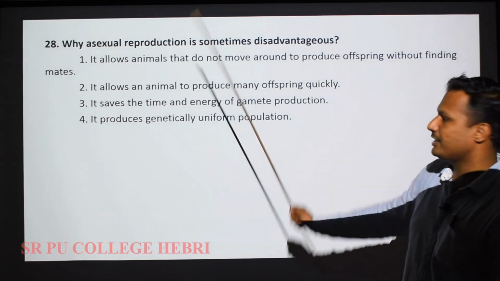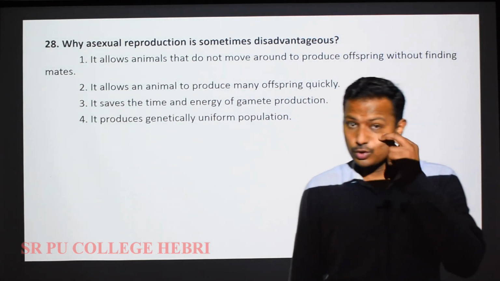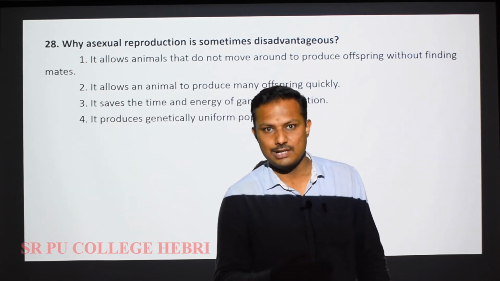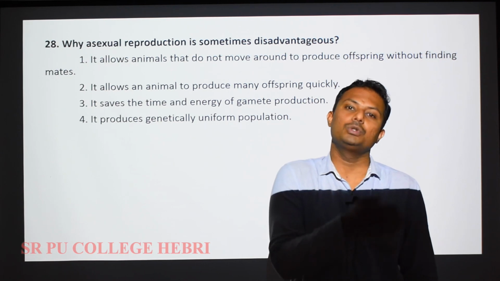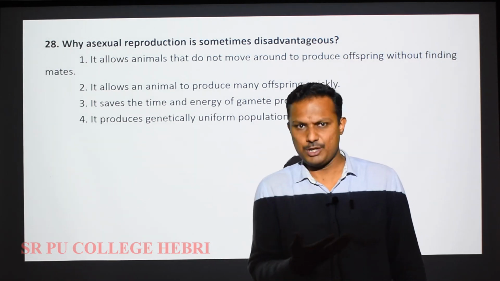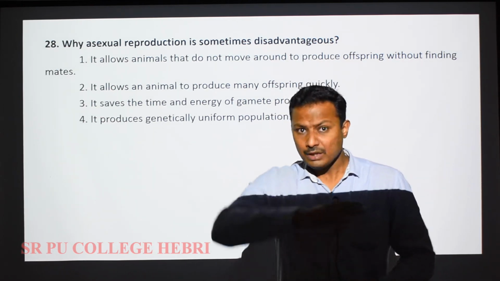ಯಾಕೆ disadvantageous ಇರುತ್ತೆ? See, you have learnt about inbreeding depression, right? If any organism, a plant, is allowed to self-pollinate, or to undergo reproduction within the same species without any exchange of genetic material, then what happens?